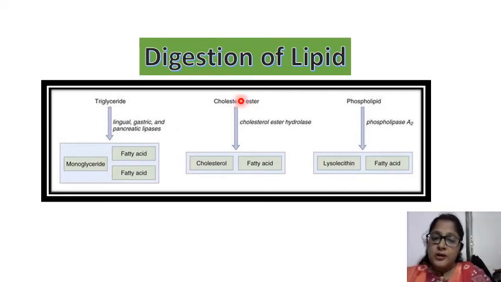One is cholesterol ester hydrolase, and another is phospholipase. Phospholipase acts on the phospholipid, forming lysolecithin and fatty acid, whereas cholesterol ester hydrolase acts on the cholesterol ester and forms cholesterol and fatty acid. So what we want is for the triglyceride, by the lingual, gastric and pancreatic lipase, to be converted into monoglycerides and fatty acid. So this is the basic nutshell of the digestion of lipid.